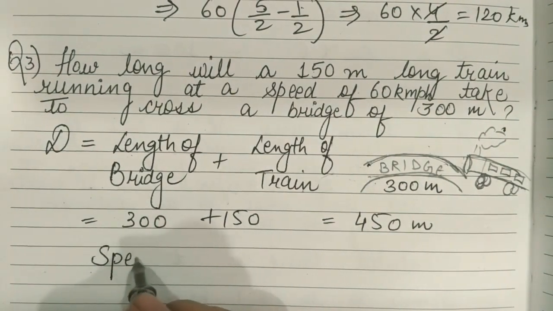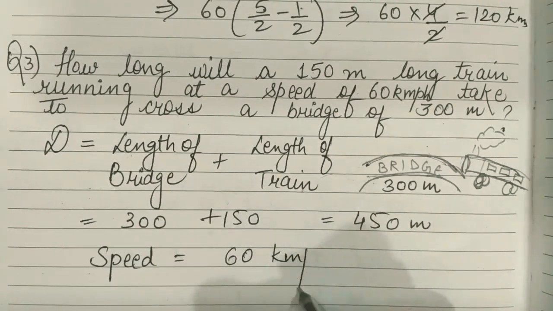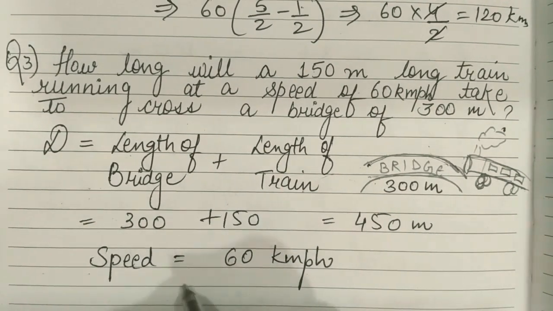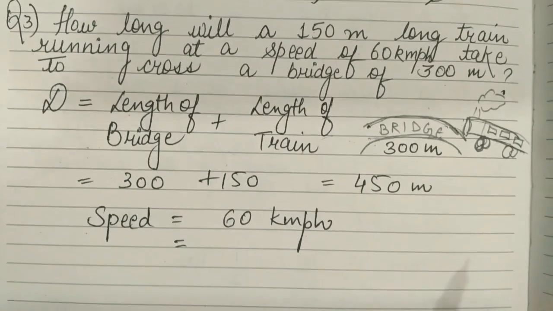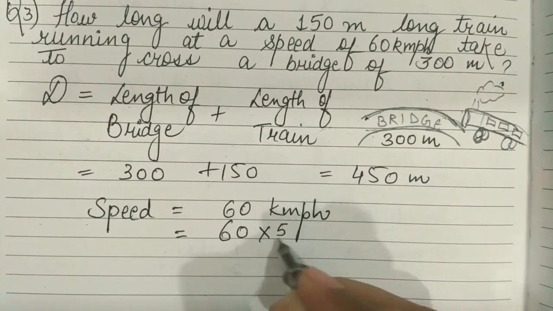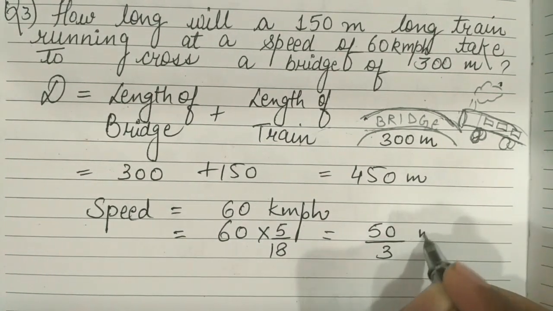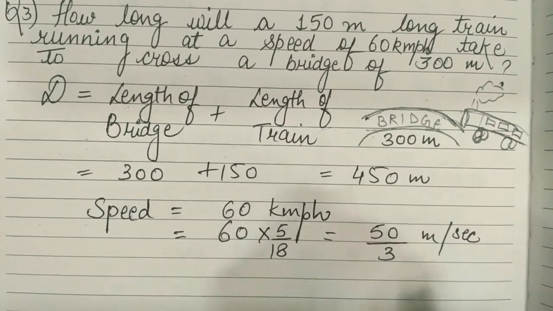Speed here is 60 kilometers per hour. First, I have to convert this speed into meters per second, so multiply it by 5 by 18. It will become 50 by 3 meters per second.